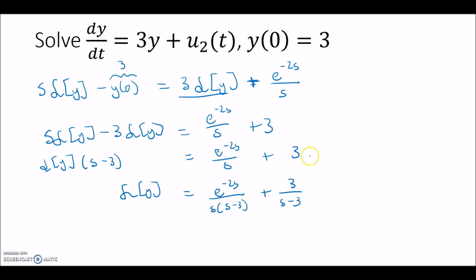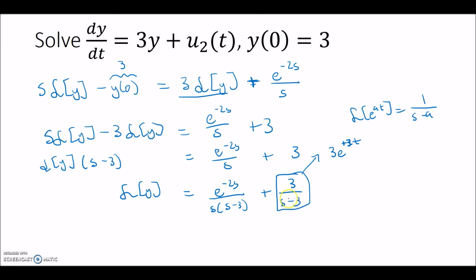Before I go to invert, I already know that the second term will invert into 3e to the 3t, because we know that the Laplace of e to the at is 1 over s minus a, and in this case, a is equal to positive 3.